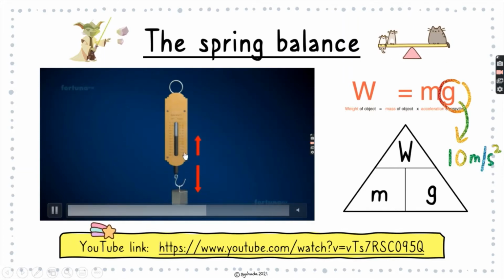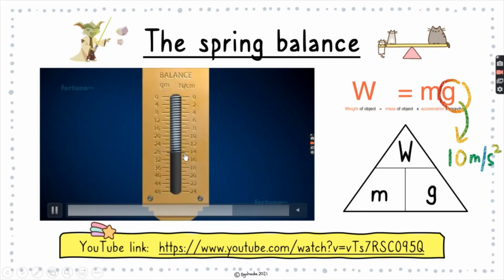And this load is going to keep on moving down, and it's only going to stop and become stationary when the force of gravity is equal to the force of that spring moving up in the opposite direction. So when it stops, this is the weight of that load.